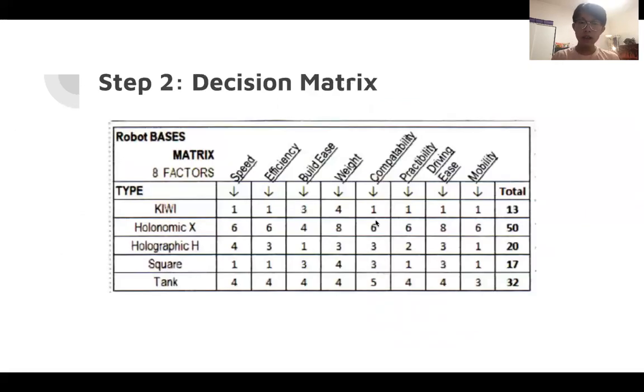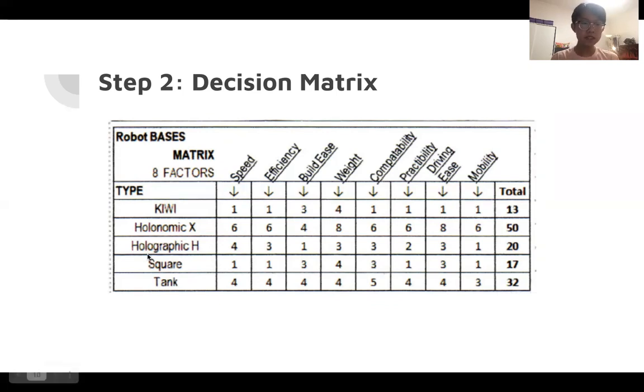So this is going to be my initial data for the data visualization that I will be doing for this project. So first, let's look at this initial data. This is a decision matrix with 8 criteria: speed, efficiency, build ease, weight, compatibility, practicability, driving ease, and mobility.